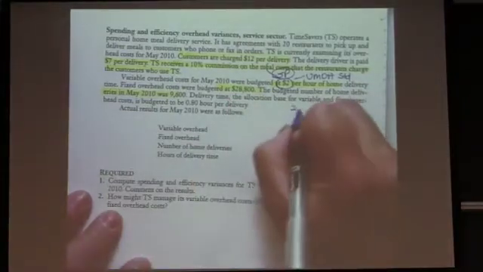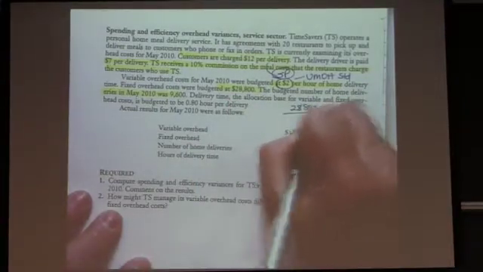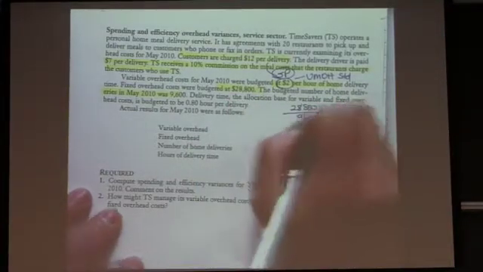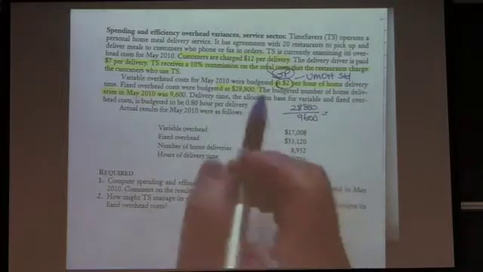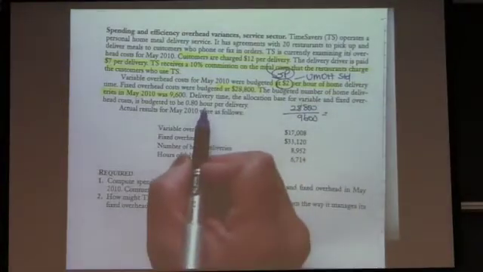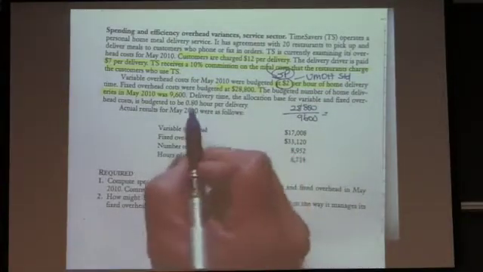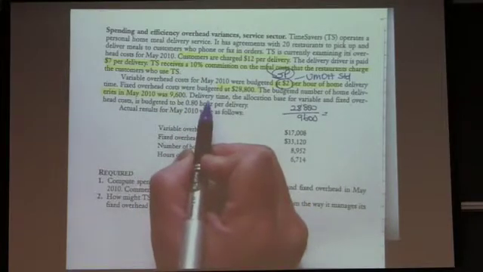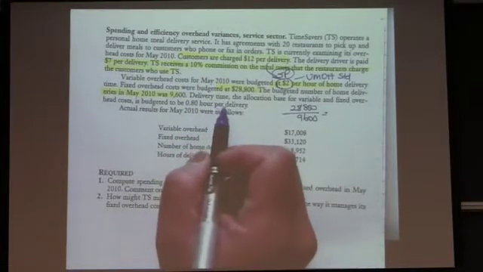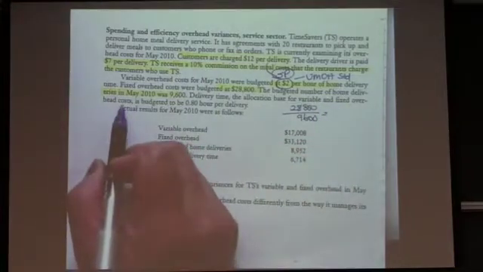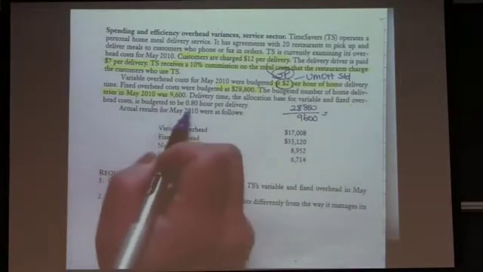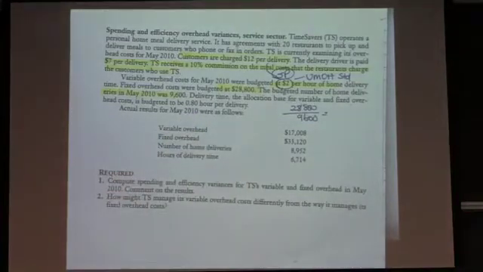The budgeted number of home deliveries was 9,600. So we're going to take this number divided by 9,600 deliveries to come up with a rate. Now, it does say that the delivery time, the allocation base for variable and fixed overhead, is budgeted to be 0.8 hours per delivery.